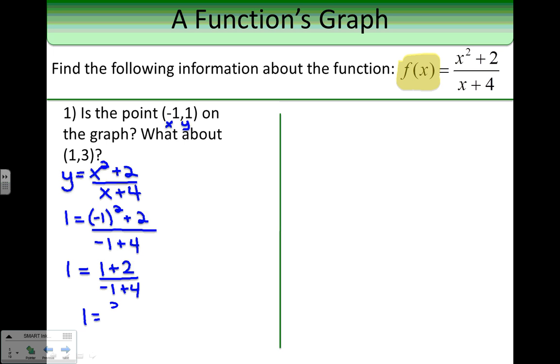So 1 equals 3 over 3, which is true. Since the point (-1, 1) makes this equation true, we can say yes, the point (-1, 1) is on the graph. I'm going to go ahead and pause the video and do the same thing for the point (1, 3) to see if that would be on the graph.